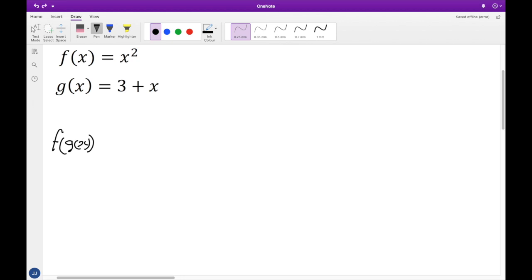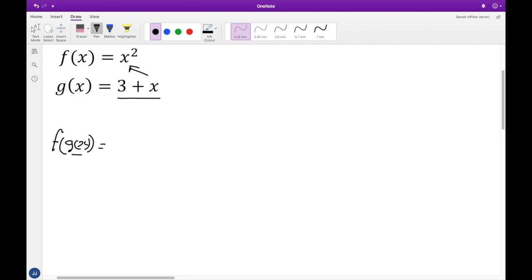Also, if I wanted to find the f of 5, I would just take 5 and put it anywhere that x is, right? Similarly, if I wanted to find the f of g of x, I would just take the whole g of x and put it where x is in the f function, right? I would literally put the g of x function inside of the f function.